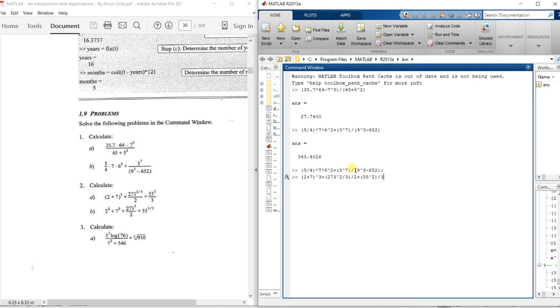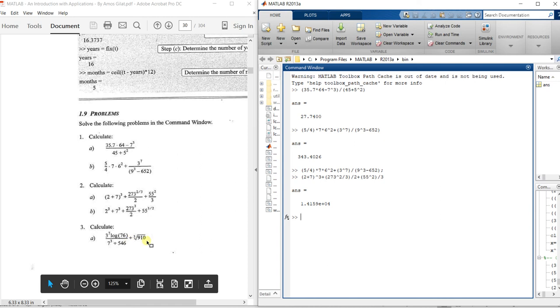Now we enter, and we get the value 1.4159 plus e to the power 404. Similarly we can calculate the other one. Next is the logarithmic argument and square root argument.